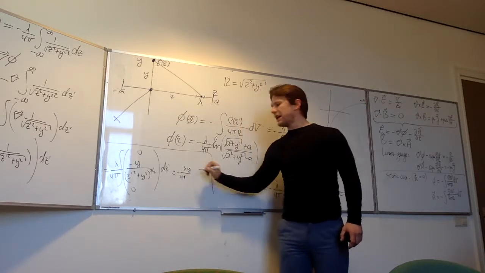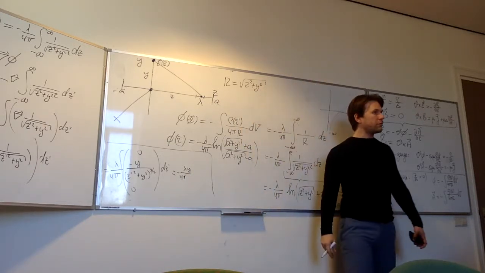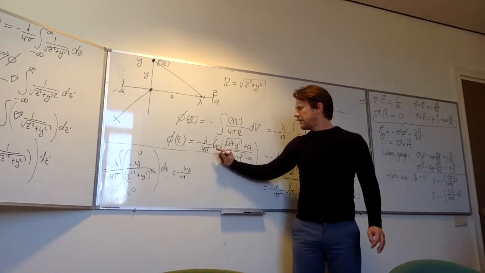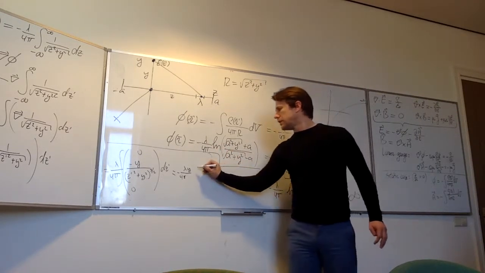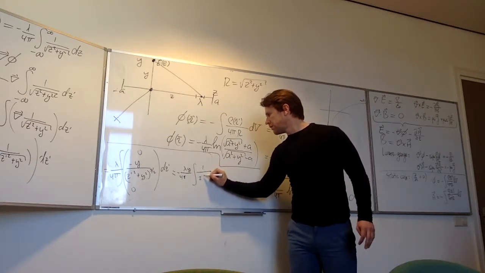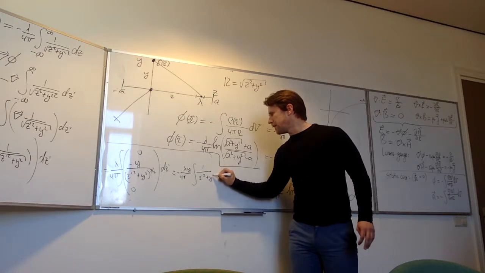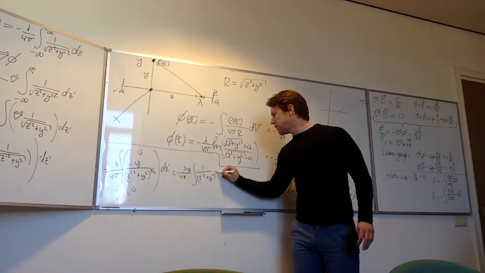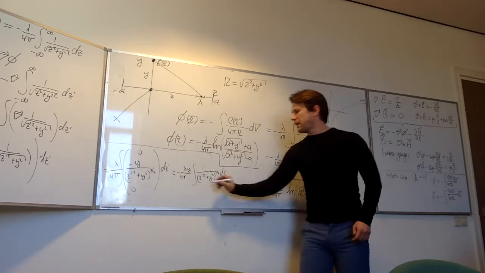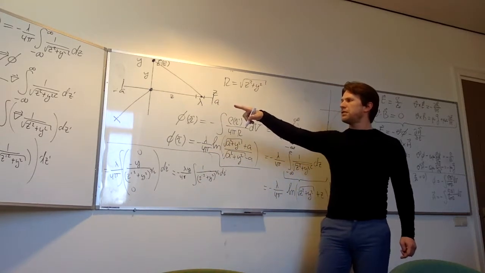Might as well take the y outside of the integration because the integration is with respect to z primes. So the y can be taken outside. Integral of 1 over z primed squared plus y squared to the 3 over 2, dz primed, from minus infinity to plus infinity.